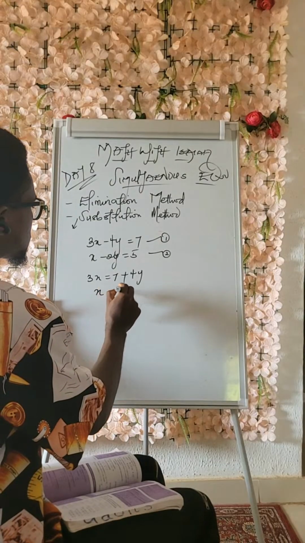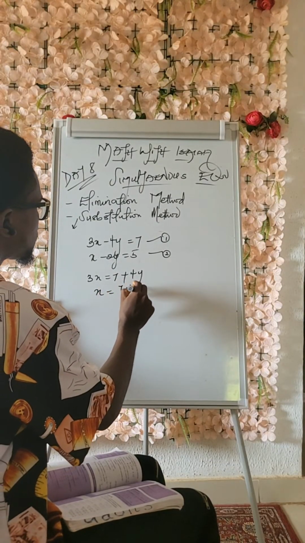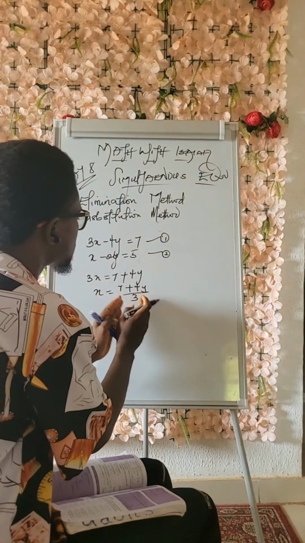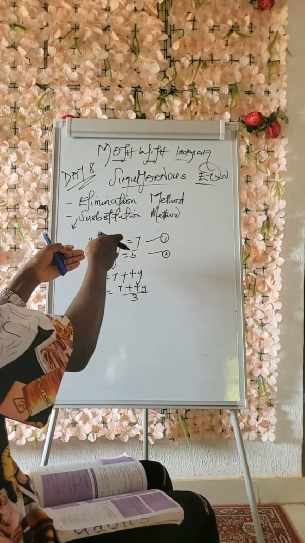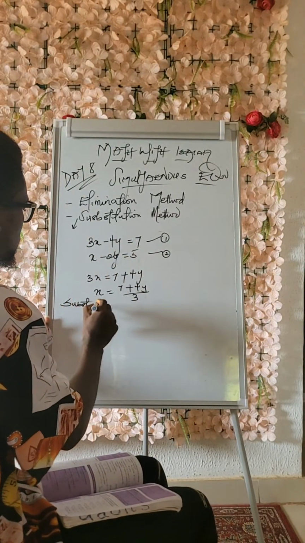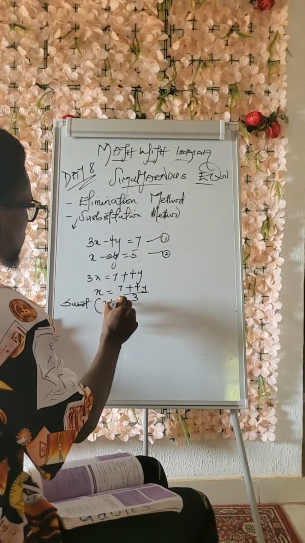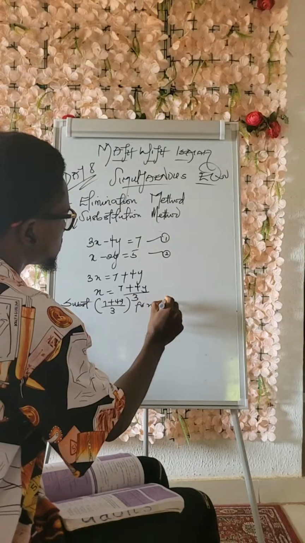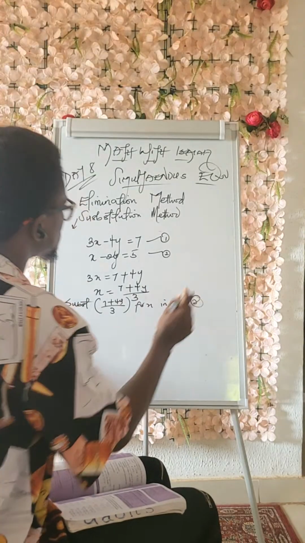So x is what? 7 plus 4y over 3. So whatever you get here, substitute it in equation 2. That's what you're doing. So now substitute 7 plus 4y over 3 for x in equation 2.